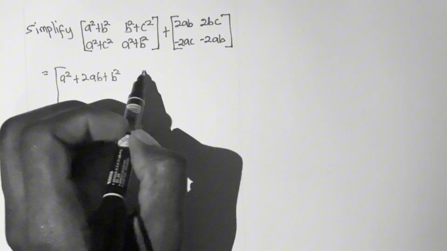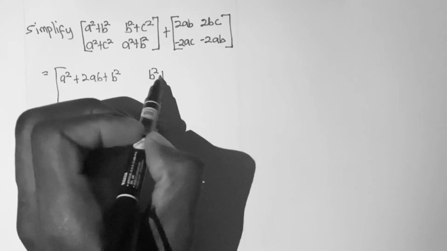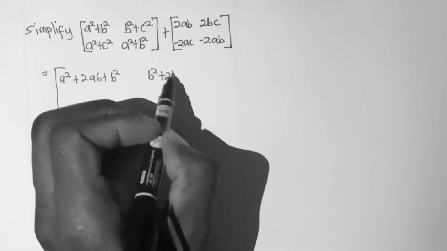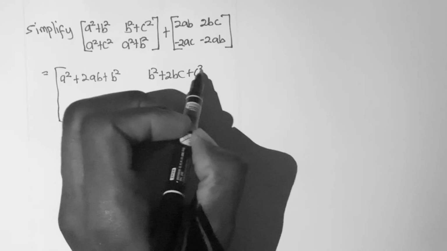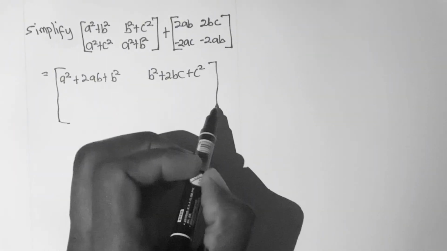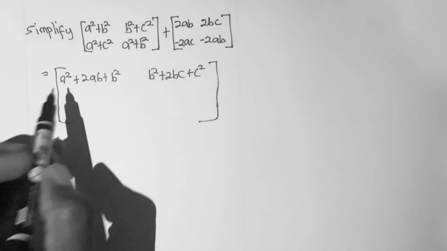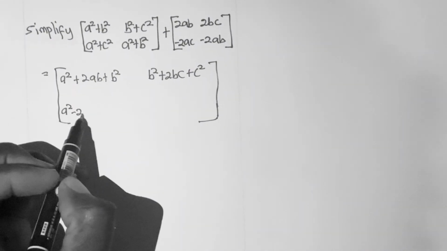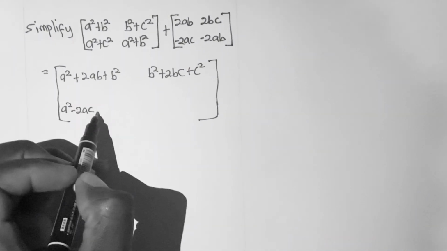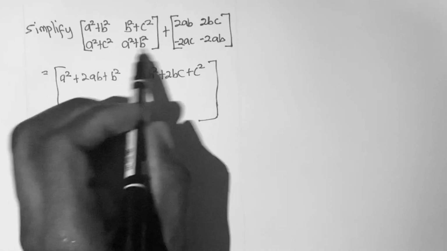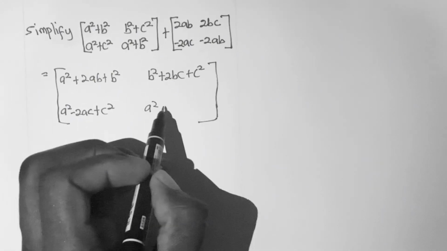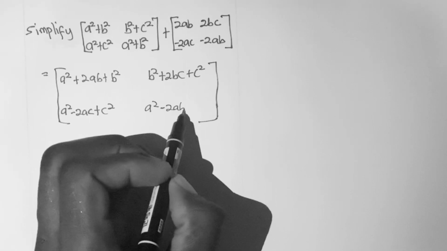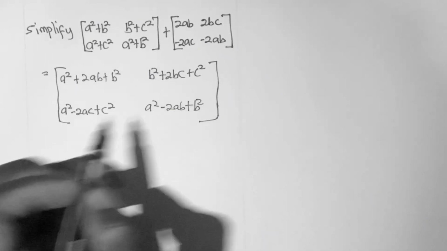Then for this side, it becomes B squared plus 2BC, then plus C squared. Bracket close. Then here becomes A squared, then minus 2AC, then plus C squared. Then this one becomes A squared minus 2AB plus B squared.